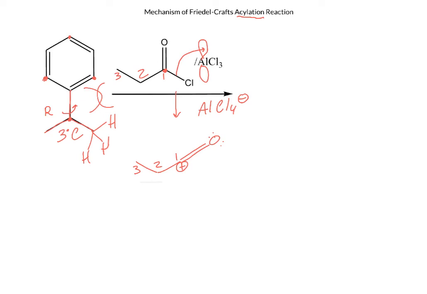And here, since we started with sp2 and we removed one of the domains, the chloride ion, our hybridization at this carbonyl carbon is now sp, and therefore we have linear geometry, 180-degree angle. And this is our active electrophile.